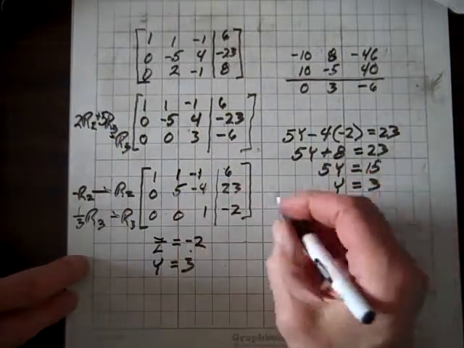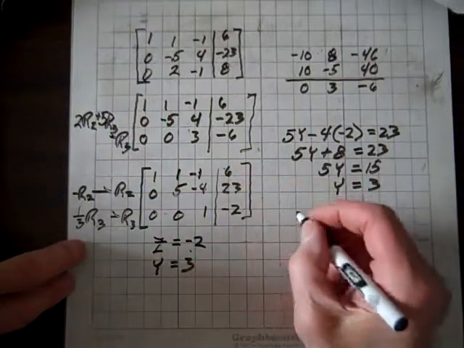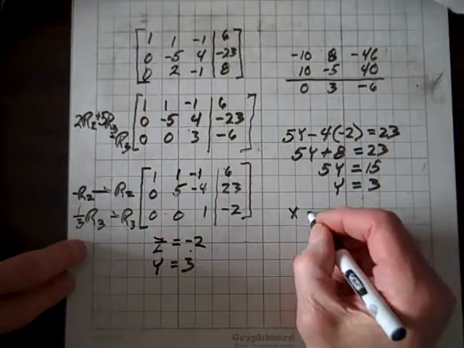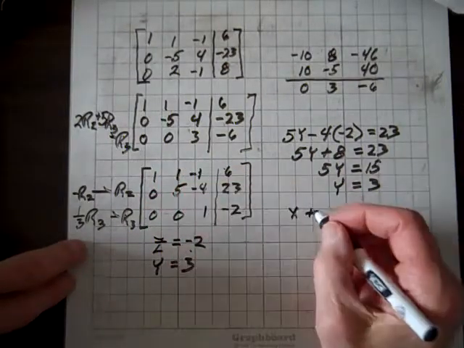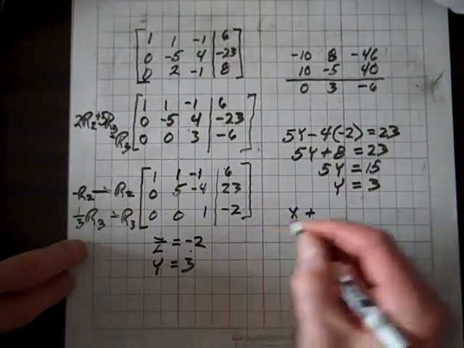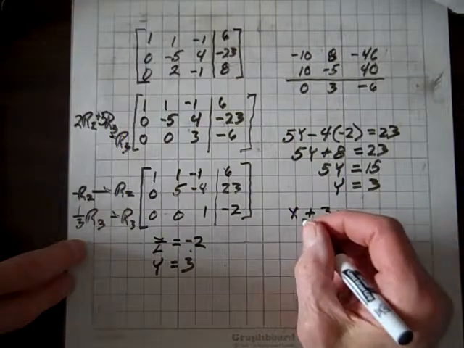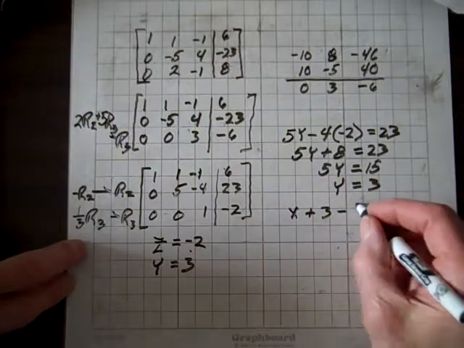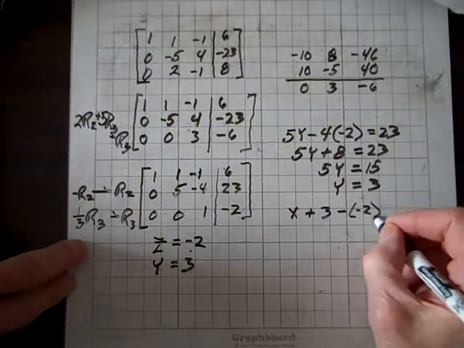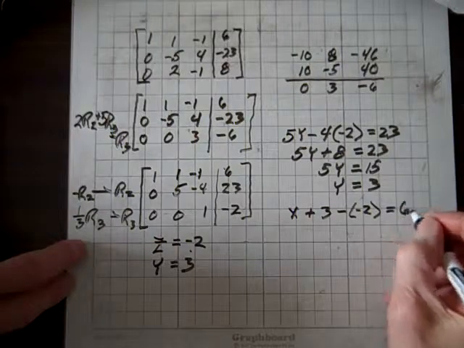Now let's go to row 1, and we have 1 times x is x, plus 1 times y is y, but y is 3, minus 1 times z, but z is negative 2, and that equals 6.